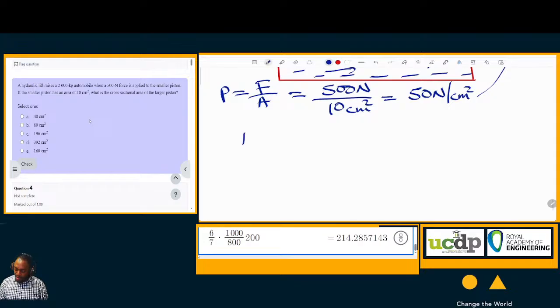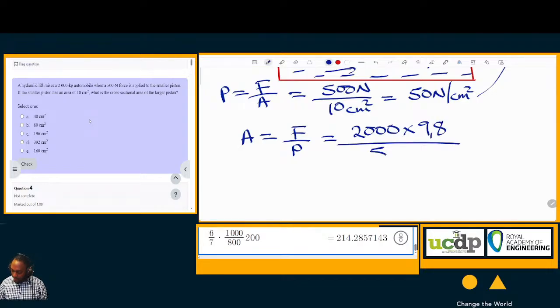So that is the pressure that we will substitute at that point. Now to find the area of the master cylinder, area equals the force over the pressure, which we've just determined. Our force is the weight of the car, 2000 multiplied by 9.8, over 50. You can leave out the units, I already know this should be in square centimeters.